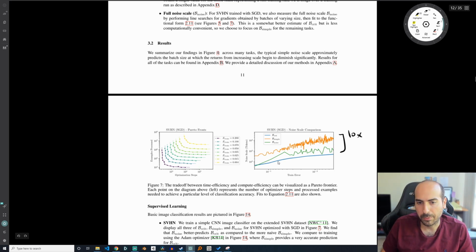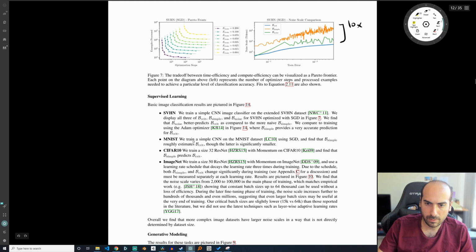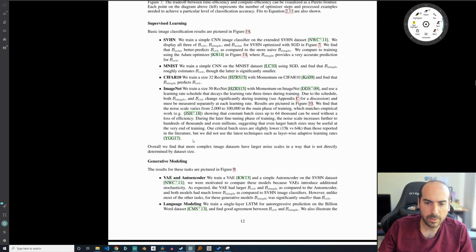Difference between the B simple and the B critical. Generative modeling, okay. So as expected, VAE had a much larger B critical and B simple as compared to the autoencoder, and both models had much lower B simple. So why is expected.